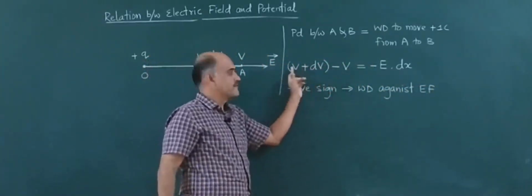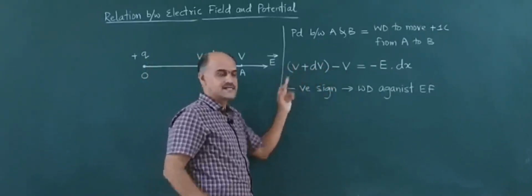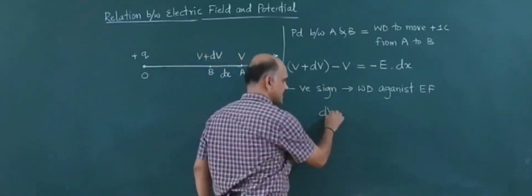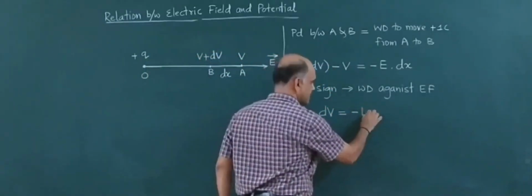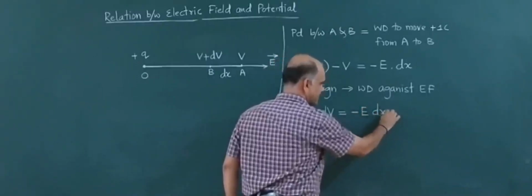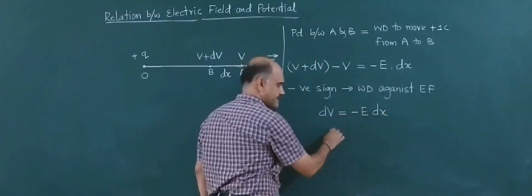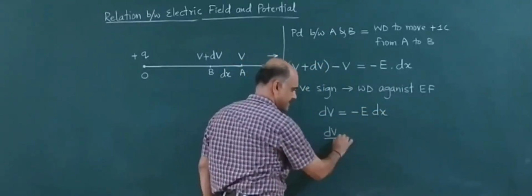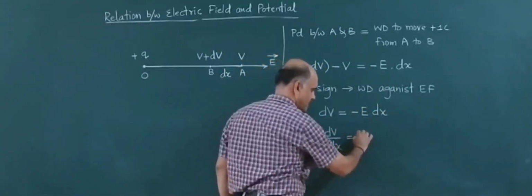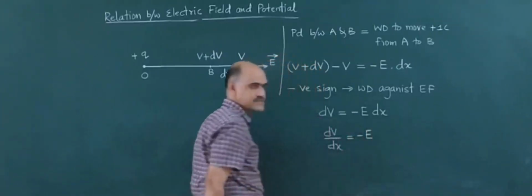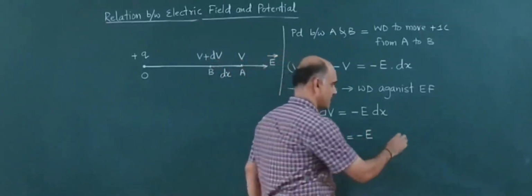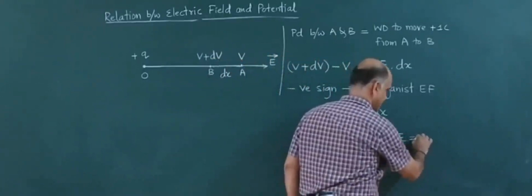So if you simplify, V gets cancelled. You will have dV is equal to minus E into dx. I will take dx to the LHS: dV by dx is equal to minus E, or you can say E is equal to minus dV by dx.